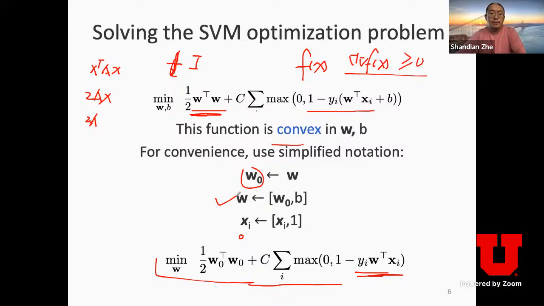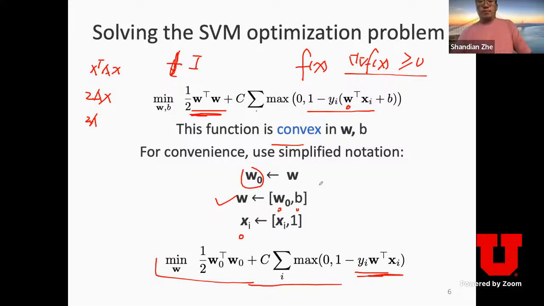Let me emphasize again. I re-denote w. Remember, in the original formulation, w indicates the feature vector only. So now I'm using w0 to represent the weight vector for the features, and then I concatenate w0 with the bias parameter b to form a new weight vector. So now this new weight vector w includes all the parameters.